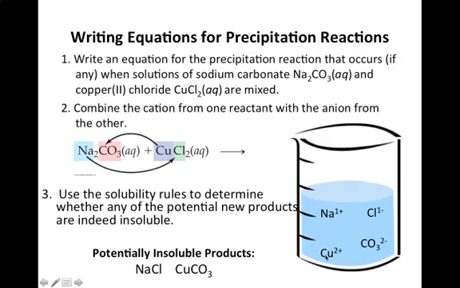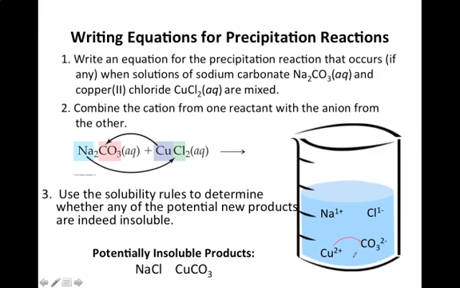So now, copper, which was with chloride, can pair up with carbonate, and that's exactly what happens. If a potential exists for a solid to form, it will.